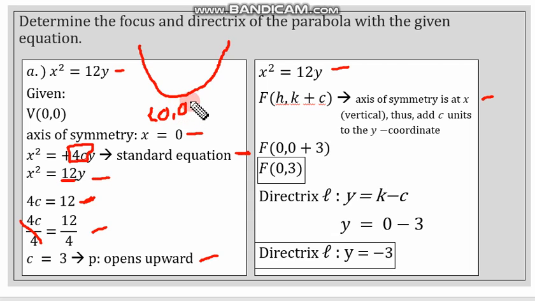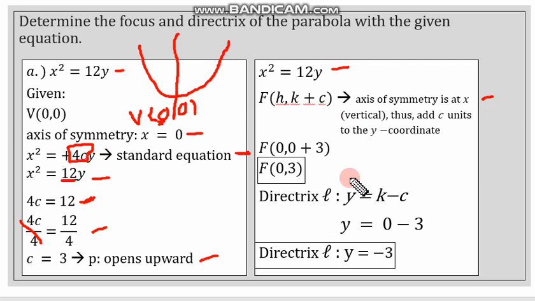So since the vertex is 0, 0, and our axis of symmetry is vertical, we're expecting the value of h, that would be our value of axis of symmetry, which is at x is equal to 0.